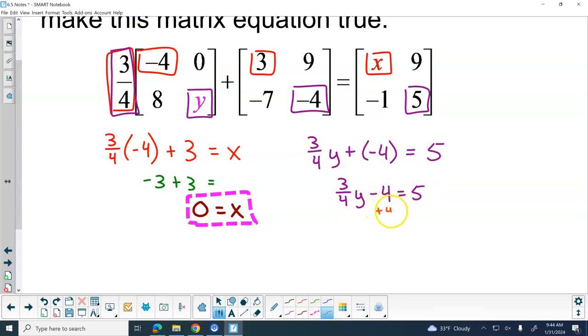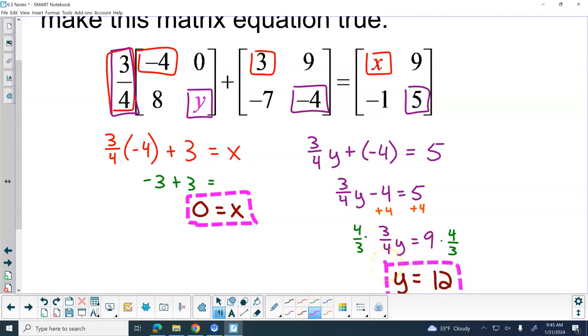We can add 4 to both sides. That would give us 3/4 y equals 9. We could multiply both sides by 4/3. And that would then give us y equals 12. If y is 12 and x is 0, then that is a true matrix equation.